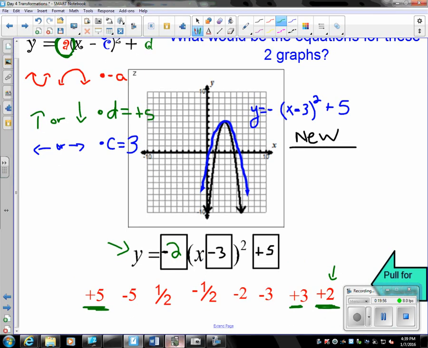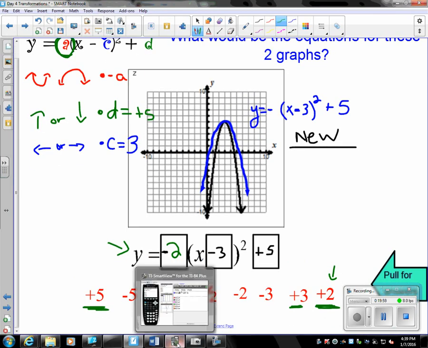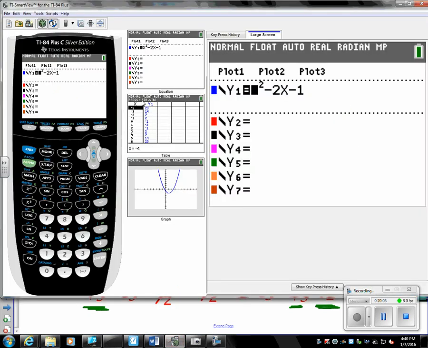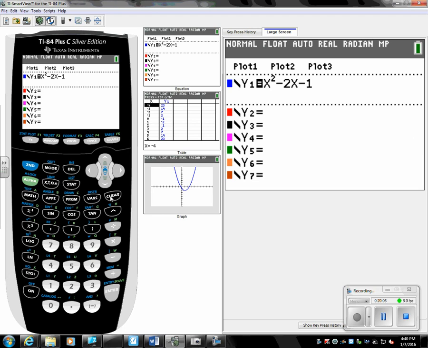So where's my calculator? Okay. All right, go to our right here, y equals. All right, we have our equation is negative 2 parentheses x minus 3 parentheses squared, and the squared button is right here.